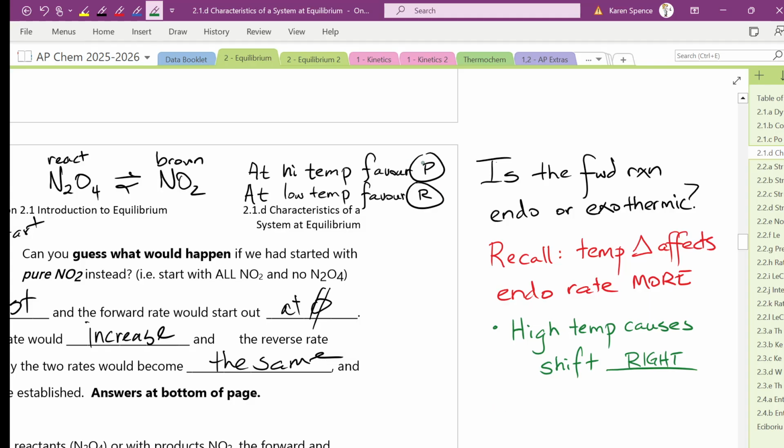Yeah, because at a high temperature, it favors the products. Yeah, low temperature causes a shift left. Yes.